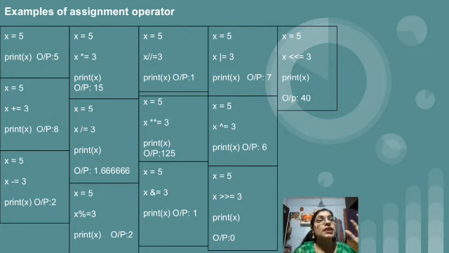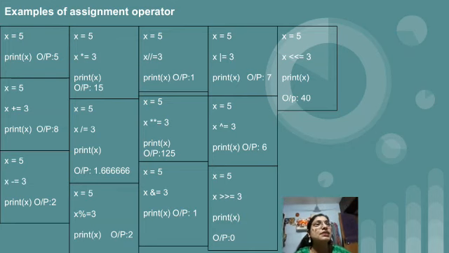So this much is there in today's lecture. I hope you have understood all the operators. Many operators present in Python are different from other programming languages. We have seen so many new operators, well, 3 to 4 are new, that is exponentiation, then floor division, then not, in, not in.